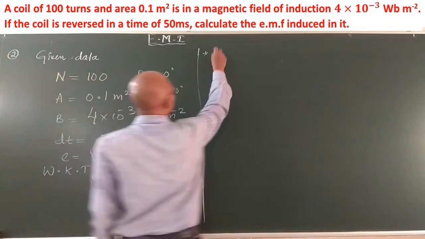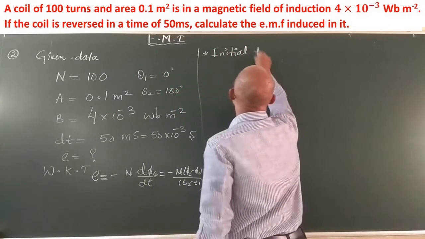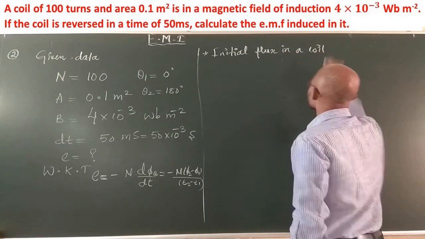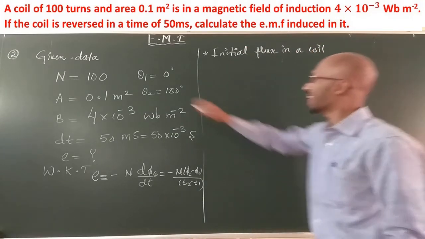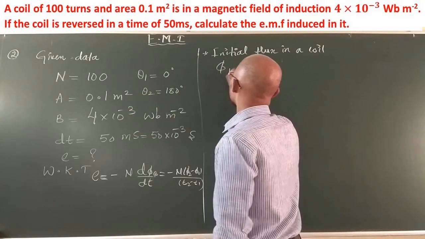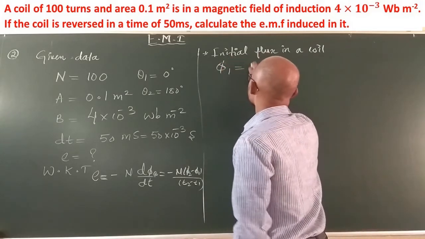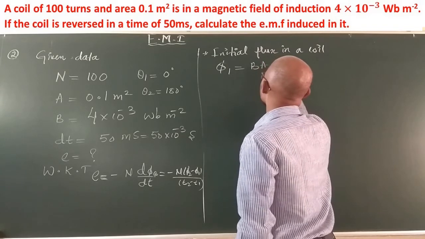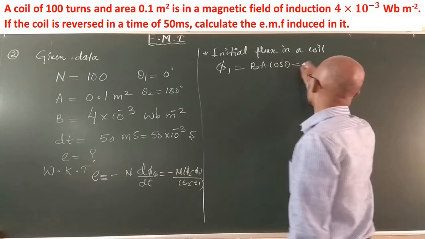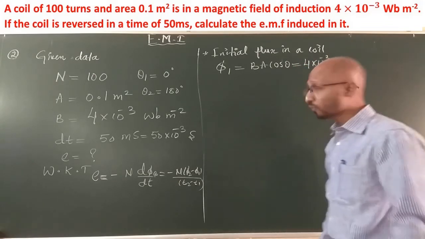First we go to the initial flux in the coil. The angle is given, the number of turns and the area are there. The flux equation: the initial flux phi 1 is equal to B into area into cos theta. This is the formula for flux one. Now when I substitute, B is 4 into 10 raised to minus 3, the magnetic field strength.